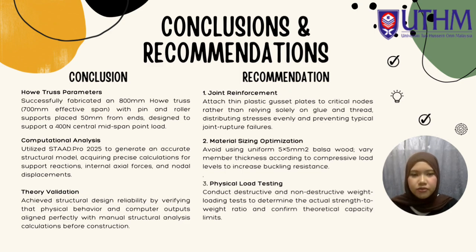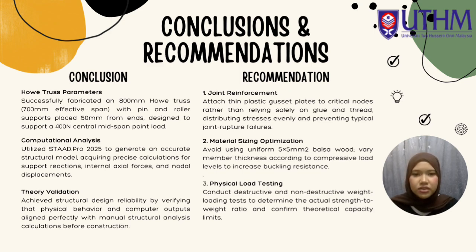However, there are a few recommendations for improvement on our project. The first one is joint reinforcement, where we should attach thin plastic gusset plates to critical nodes rather than relying solely on glue and thread, distributing stresses evenly and preventing typical joint rupture failures.